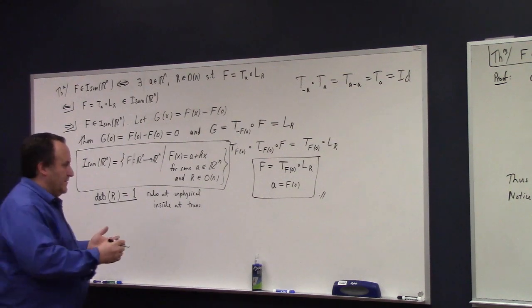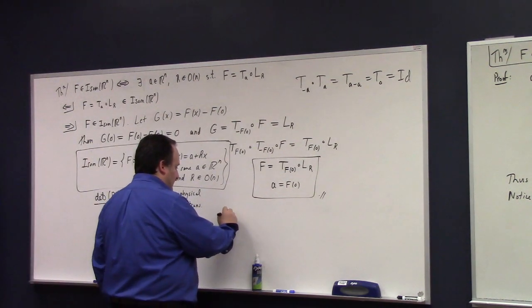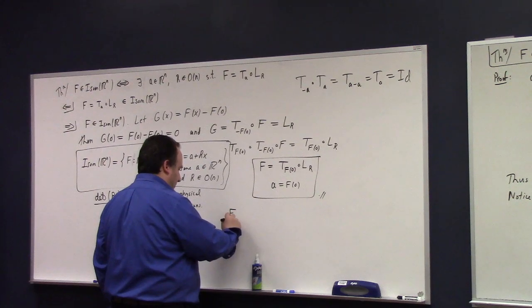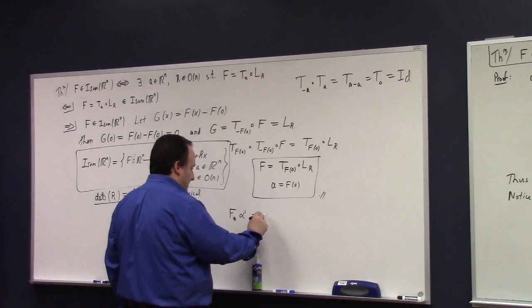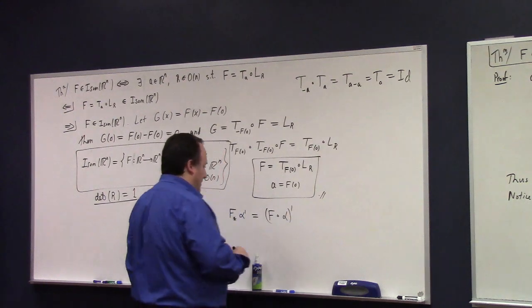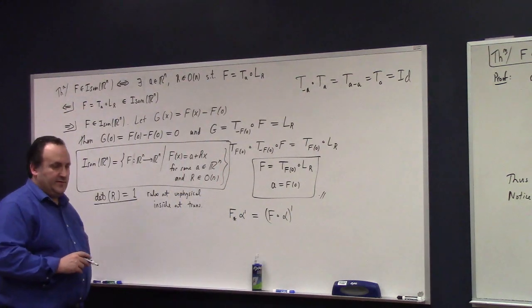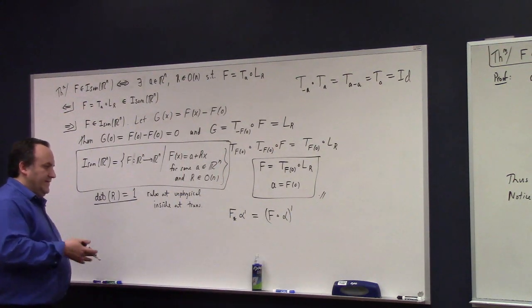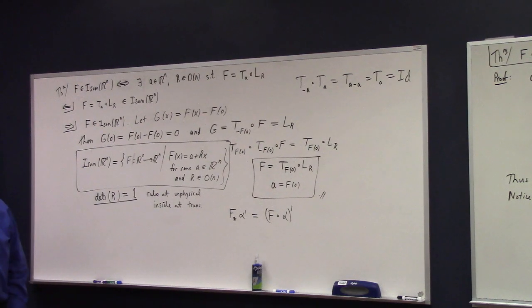So theorem, well, this is generally true. If we push forward under a smooth map F from Rn to Rn, alpha prime, then it's going to be F composed with alpha prime. In other words, that's true for any smooth map.